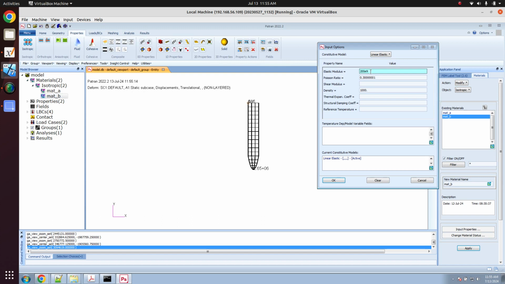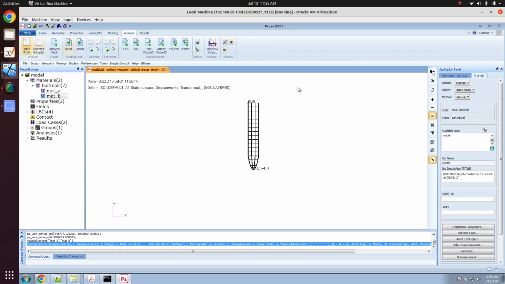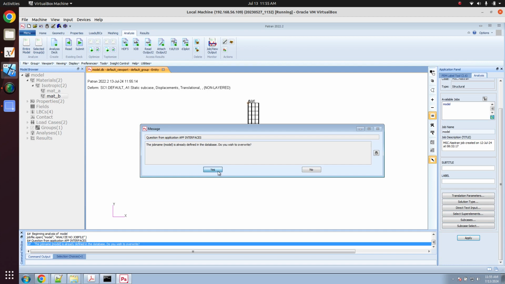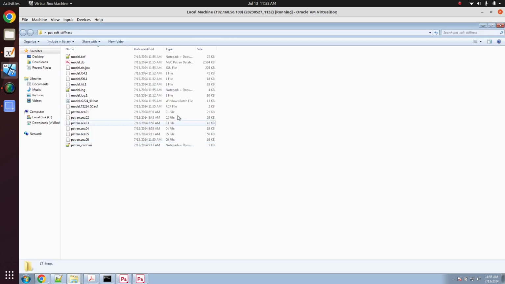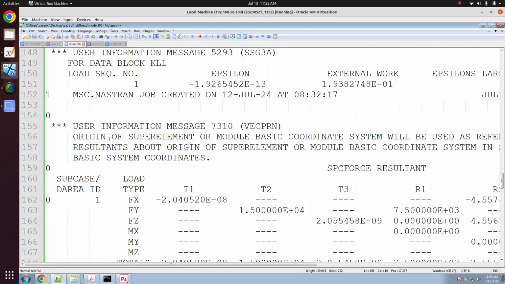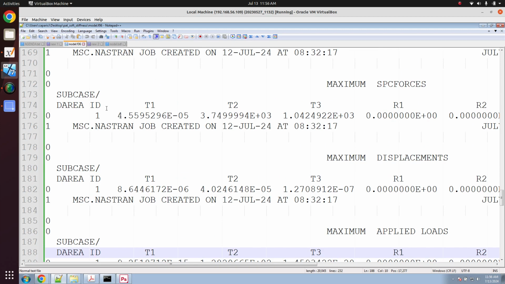So here we'll go ahead and type in 200E9, click apply, go to analyze and do all this. And now if we look at the F06 file after we fix that material, you can see that we no longer have the user fatal message 9050.